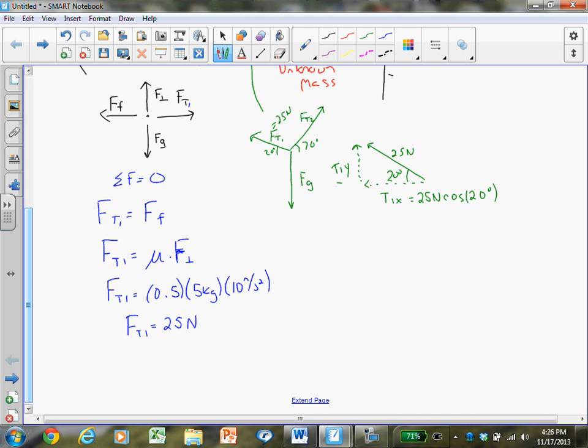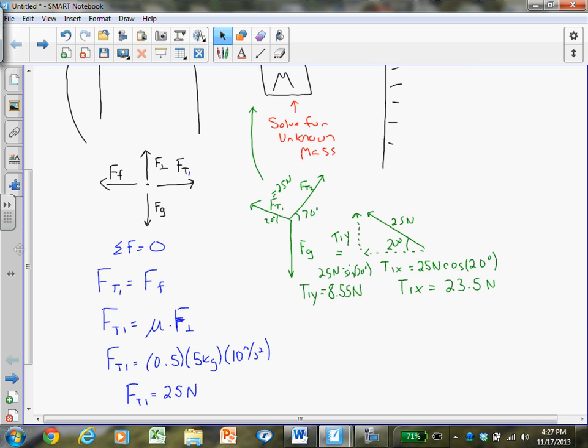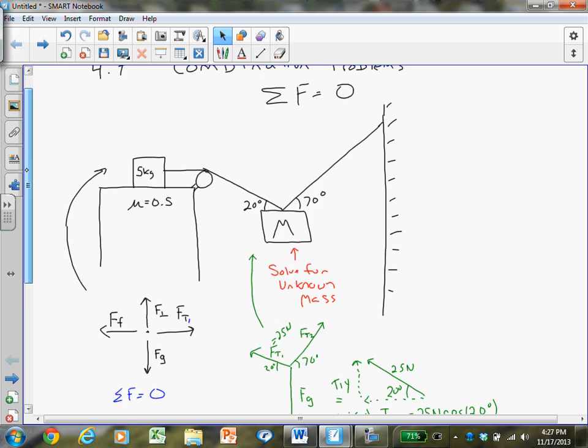And this one would be 25 newtons times the sine of 20 degrees. 25 sine 20 is 8.55 newtons, which is our T1y, and our T1x would be 25 cosine 20, or 23.5 newtons. Okay, so we can get that right off the bat. Well, we did a considerable amount of work to get it.